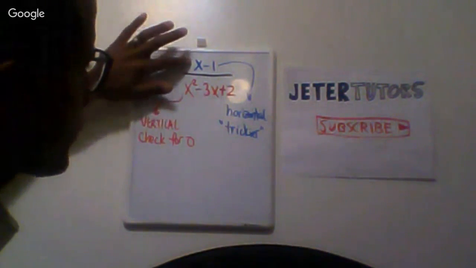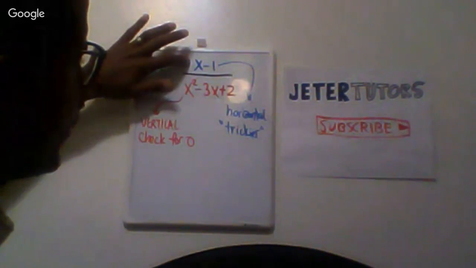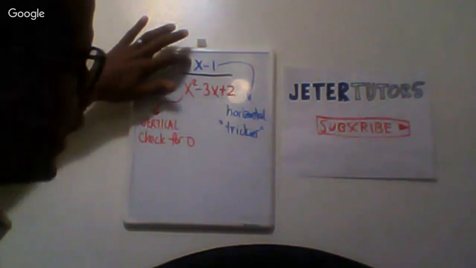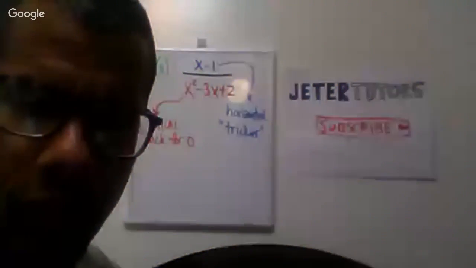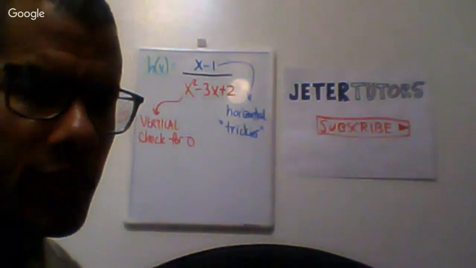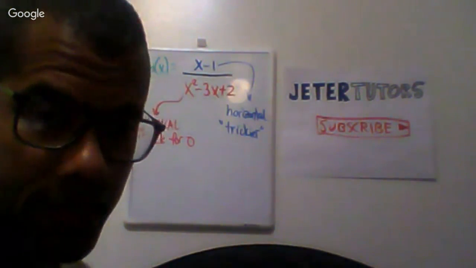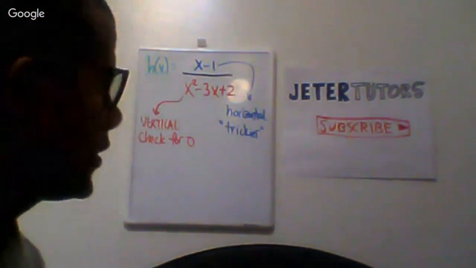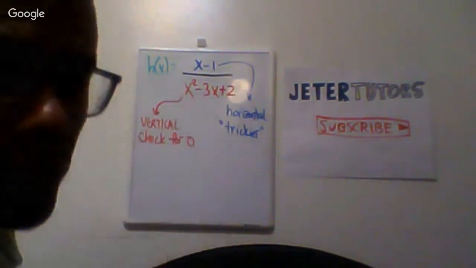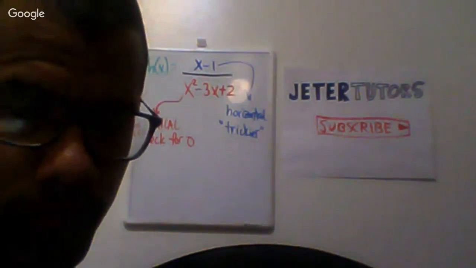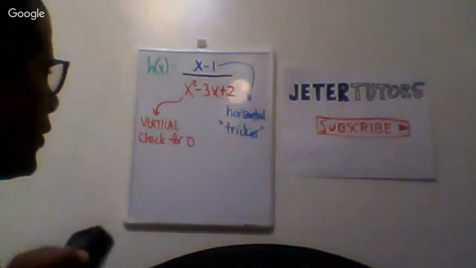So what we have here is a polynomial where the degree of the numerator is less than the degree of the denominator, and what that's definitely going to do when you take the limit is force the denominator to be really, really big compared to the numerator.